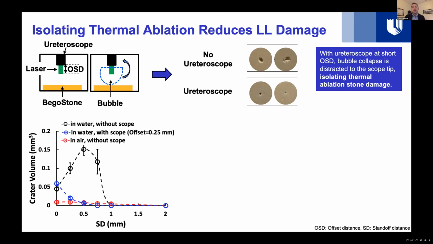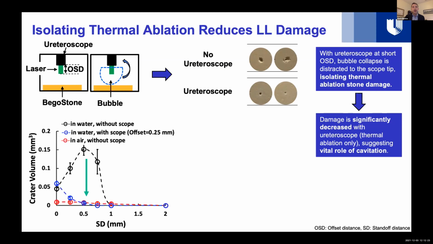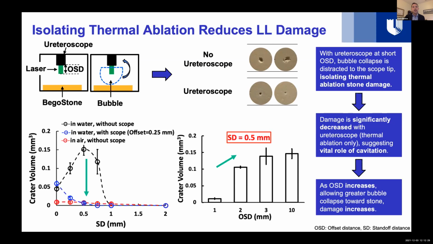Evaluating crater volume at several standoff distances, there was significantly greater stone damage without a scope in black compared to in water with a scope in the blue line. Moreover, as offset distance increased, allowing greater bubble collapse toward the stone, crater volume also increased. These findings all support the vital role of cavitation in laser lithotripsy.